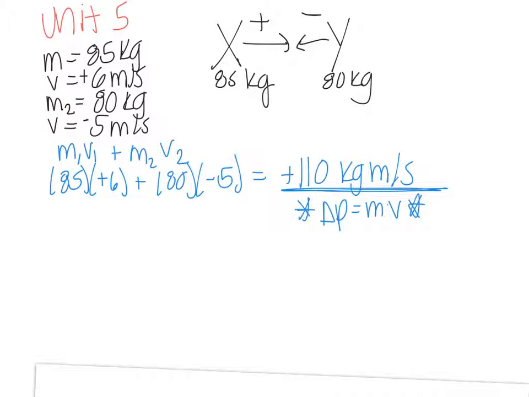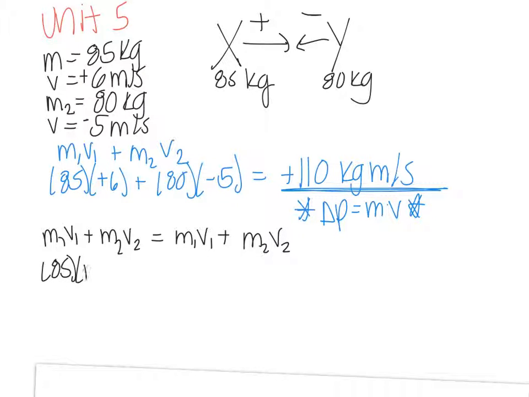The next part says if Lippett comes to a stop, which is the 85 kilogram guy, what will Callahan bounce back at? So now I know I'm looking at a full bouncing elastic equation, and I am just given the new velocity of one of my players, so I'm going to fill in the before as we did earlier.